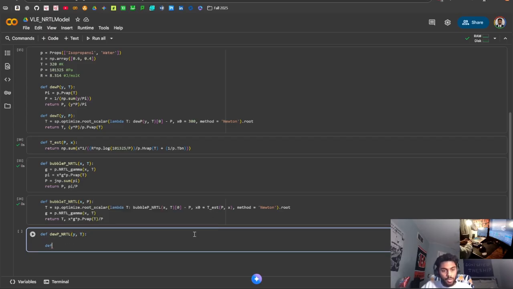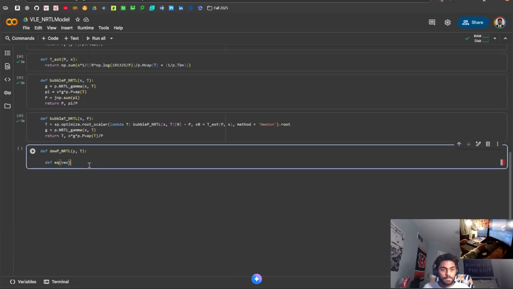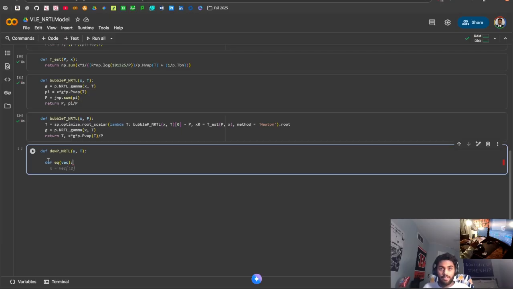Now I'm also going to define a new function, and I'm going to call it EQ, and it's going to have input of some vector.